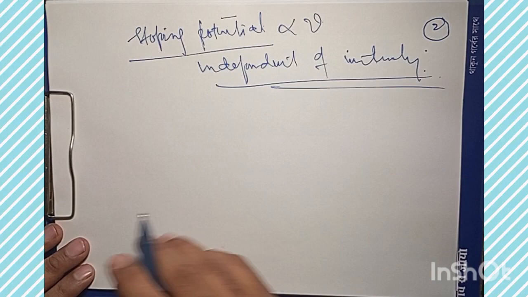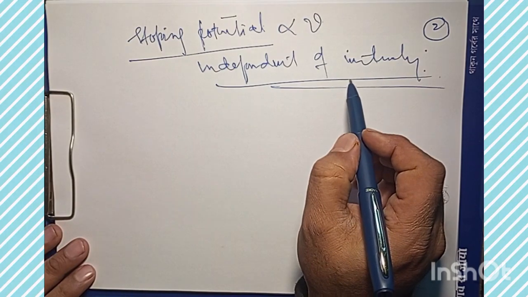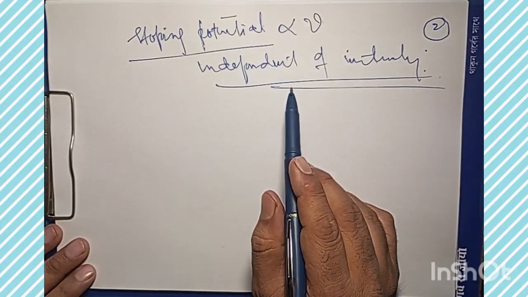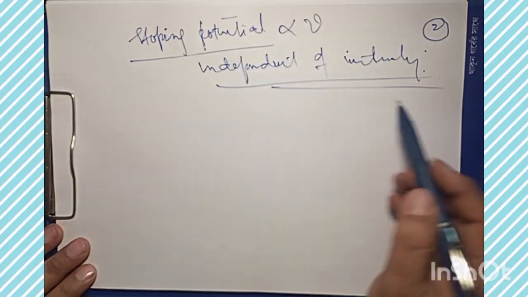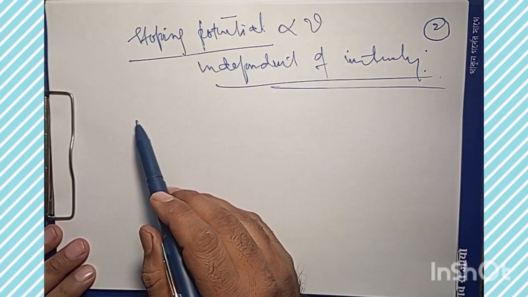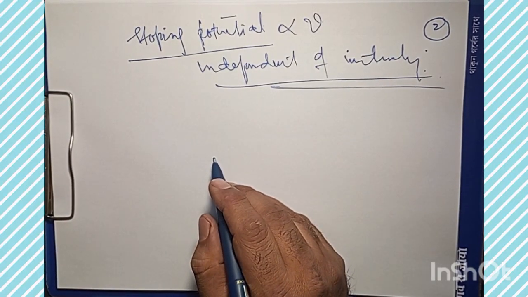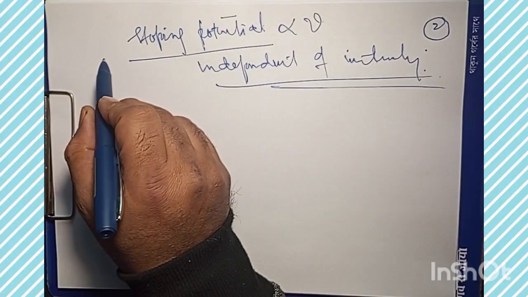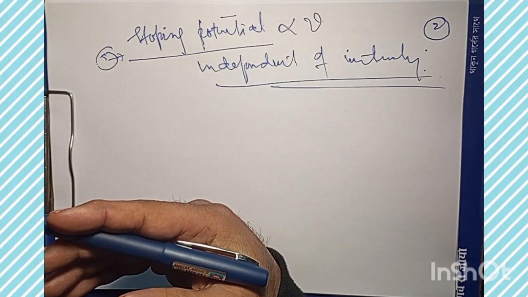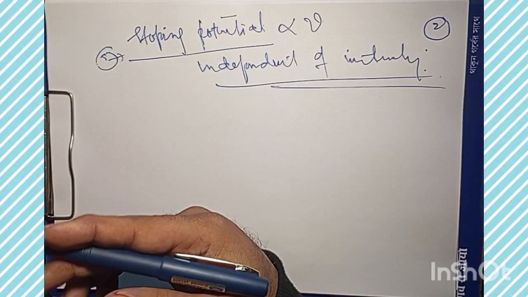So if you increase the intensity of light, if you increase the number of photons, there is no effect on the stopping potential. It was explained in the previous video: because the energy of all the electrons is the same, the stopping potential for all the electrons is the same, even though their intensities are different. So this is the set of five statements that I have talked about. These are the observations that we have tried to articulate regarding the photoelectric effect.